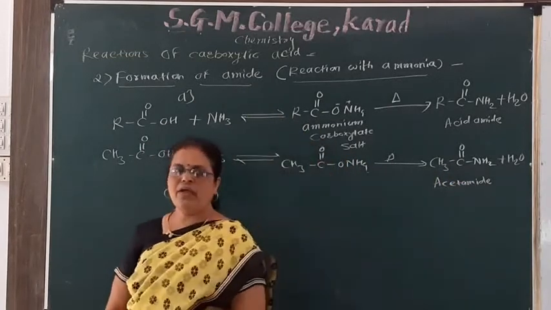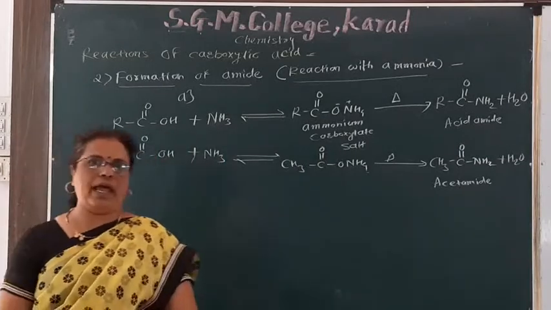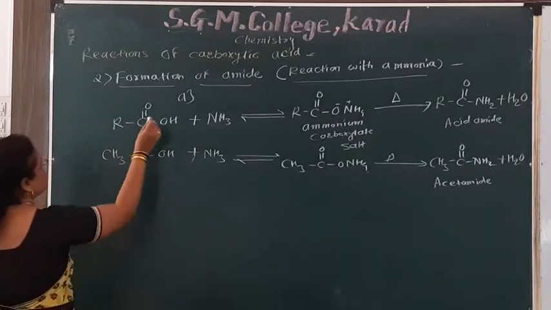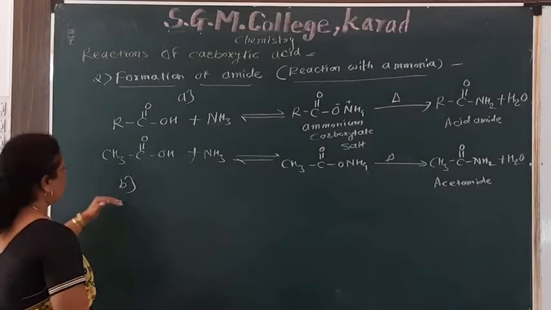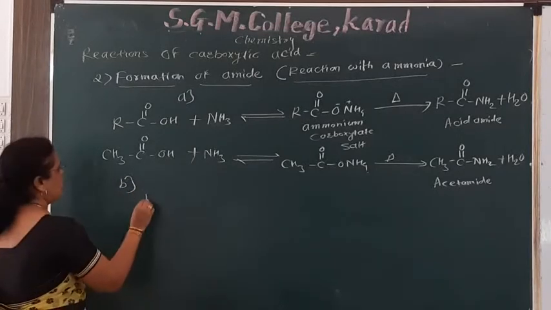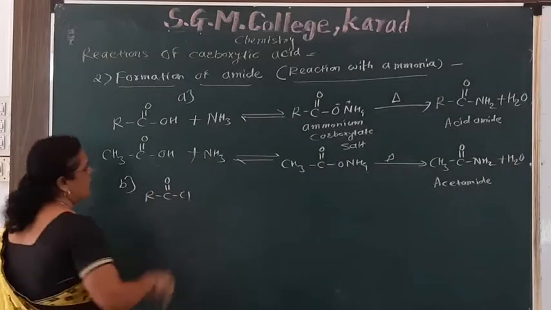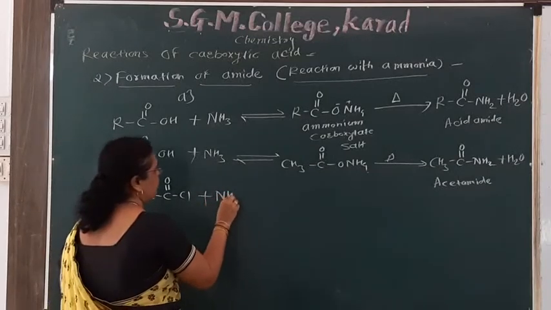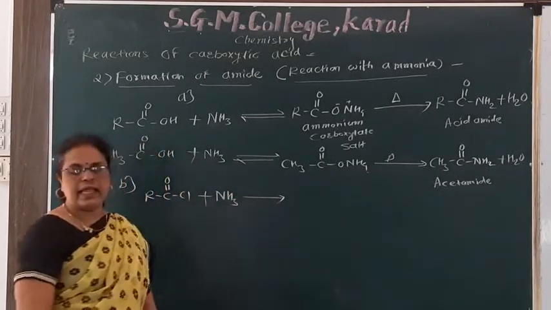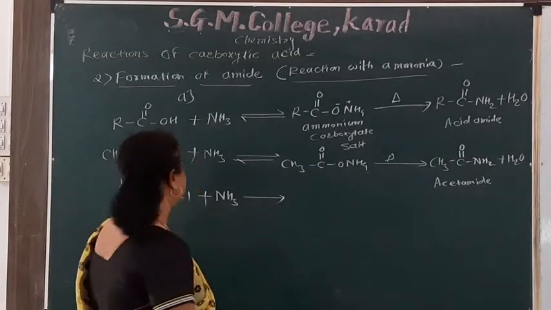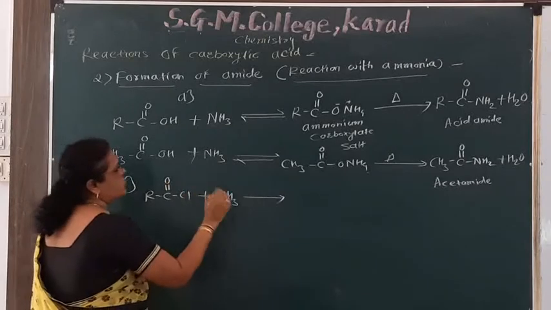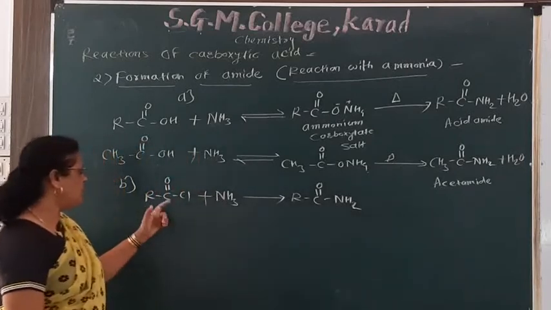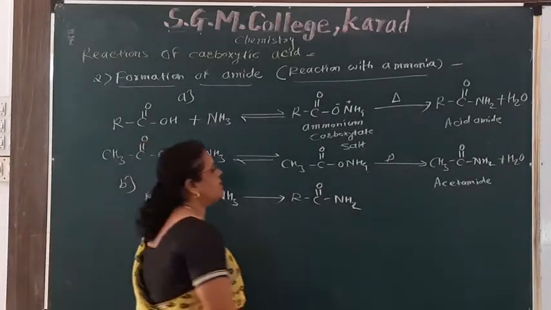Then second, when acetyl chloride or acyl chloride reacts with ammonia, this gives the reaction. Acyl chloride formula we know as RCOCl. When treated with ammonia, that is NH3, this gives acid amide, that is RCONH2 plus HCl.